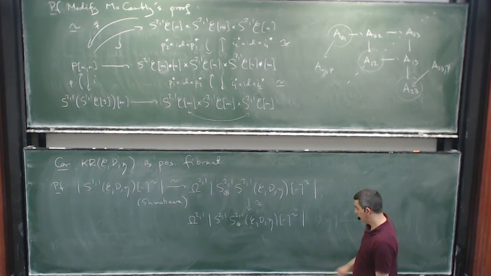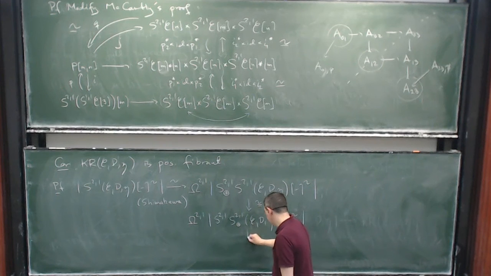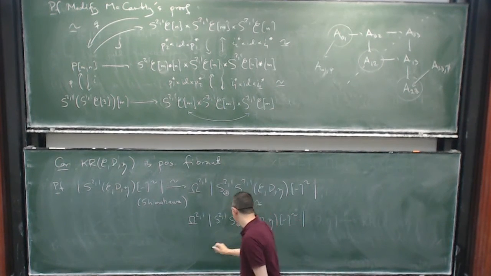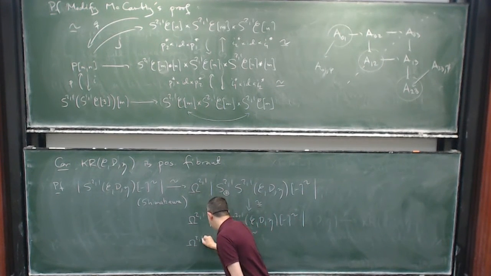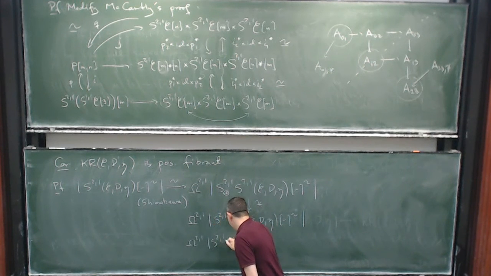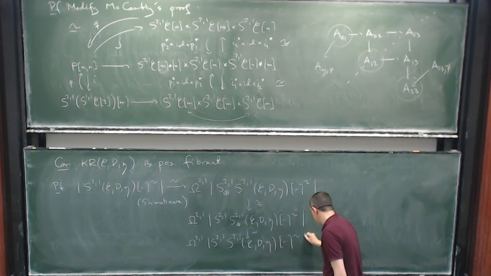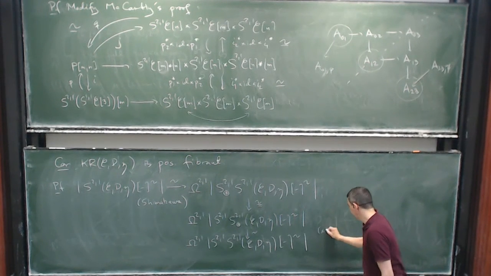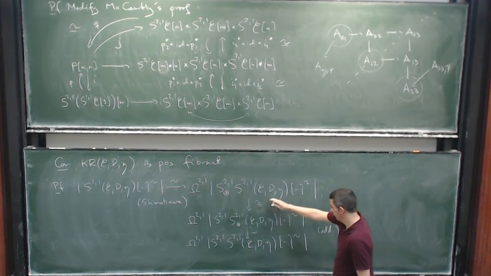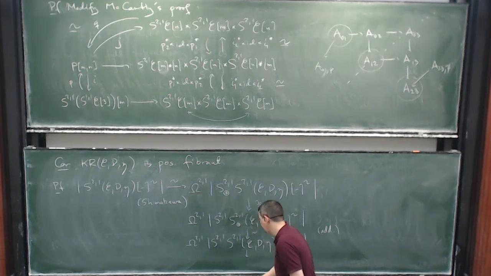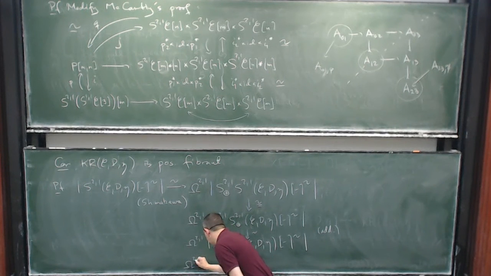Like this, and now the additivity theorem tells us that we can take that plus away. So this is the additivity theorem. And then if we want a commutative diagram, we have to flip back.